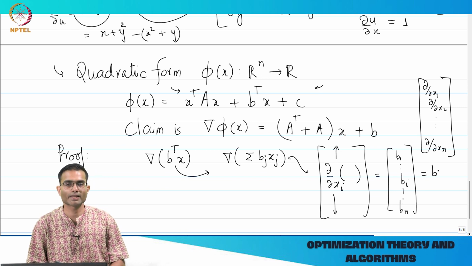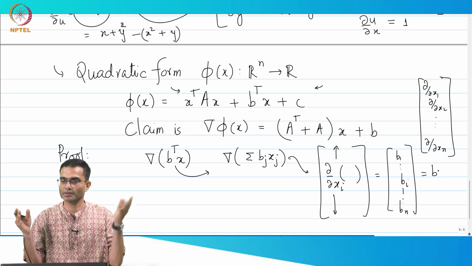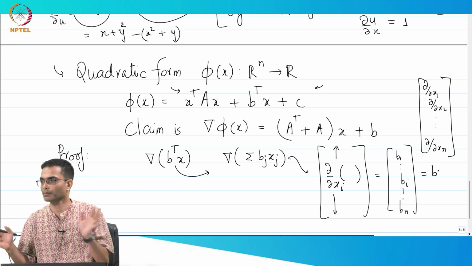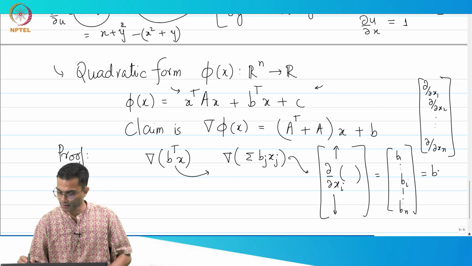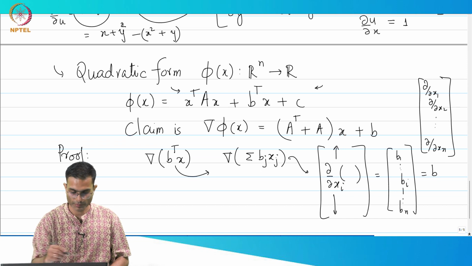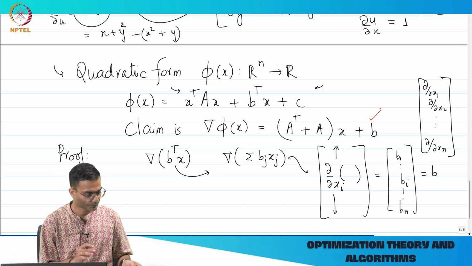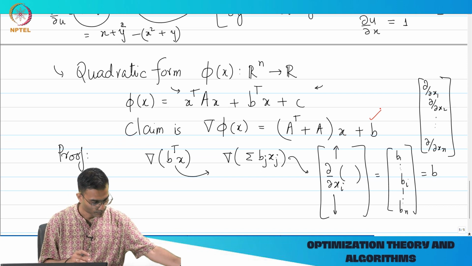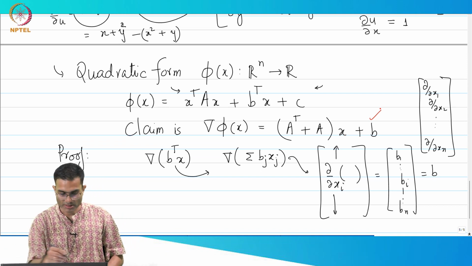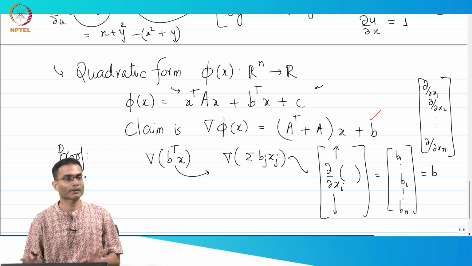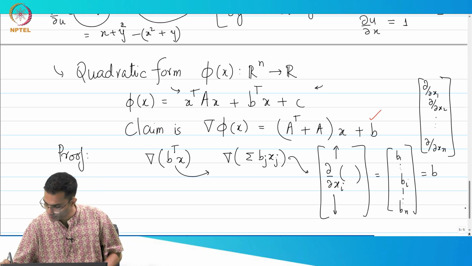It doesn't get easier than this. I took a summation, I took the derivative with respect to each variable, and I'm left with b. So the first part is over here. This is fine, right? Now the second, any difficulty here? Quite straightforward, right?